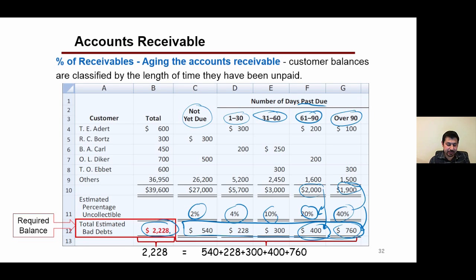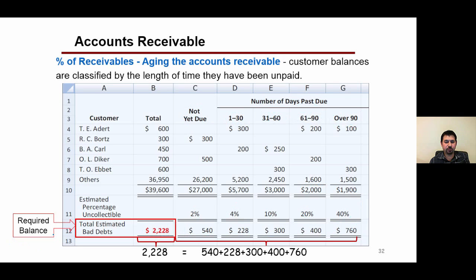This is the ending balance of allowance for doubtful accounts. This is not the adjustment. This is the adjusted balance, the required balance in allowance for doubtful accounts.